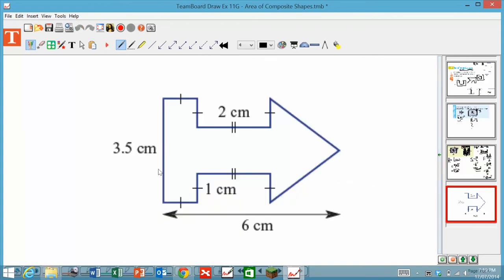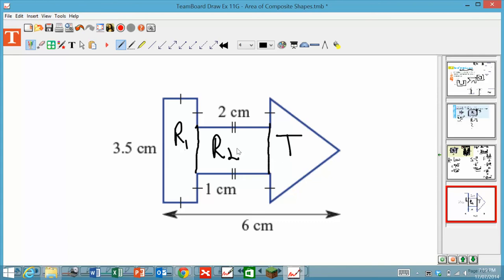Now if we look at this problem, I'm not going to actually do this problem, but what sort of shapes can you break it up into? Straight away I'm drawing a line there and a line through there. So I've got rectangle 1 here, rectangle 2 there, and I've got my triangle. So I've got to work out 3 areas and then add them all together.